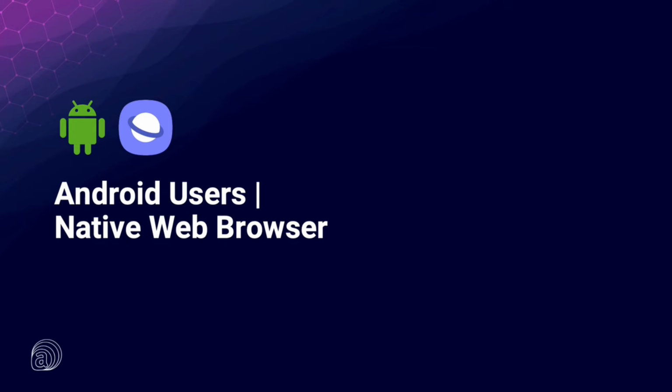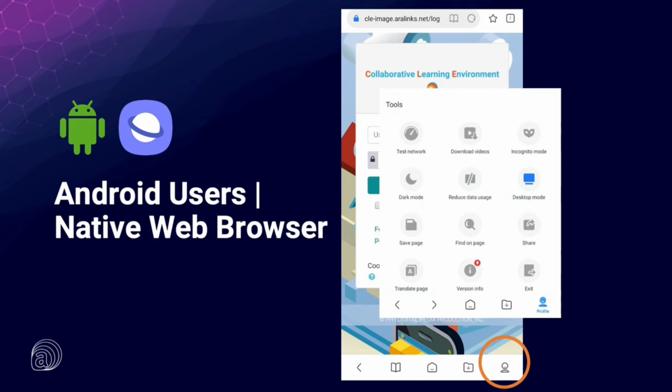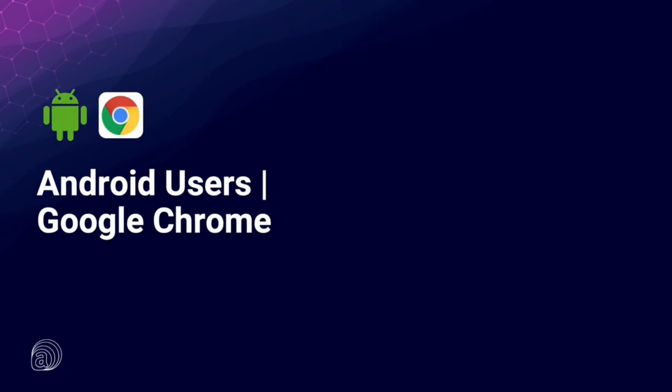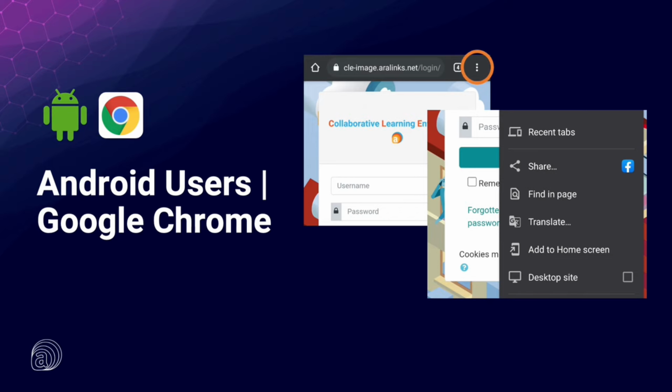For Android users using the native Android phone web browser, check the settings and click Desktop Mode or Desktop Site. For Android users using Google Chrome, click the menu icon and check the Desktop Site box.